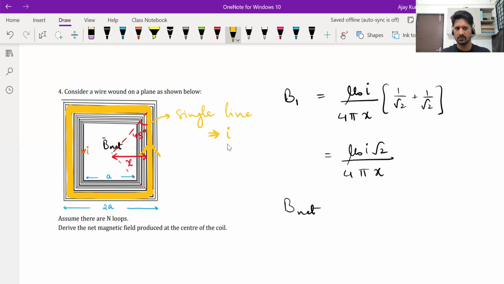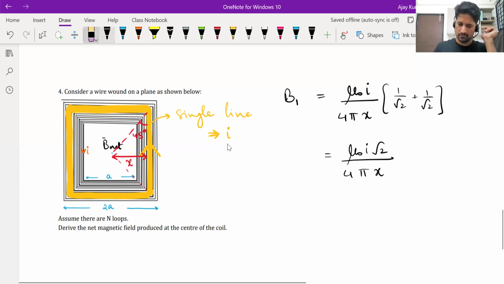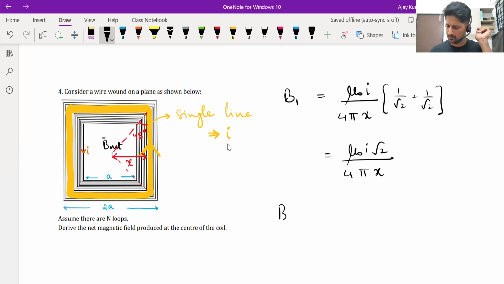Good. This we had discussed in the last class also, an idea related to this. See, in one wire, this is the field. And with each wire, you can say there is a square being formed. So B net due to one wire will be 4 times the field due to one side of the wire.